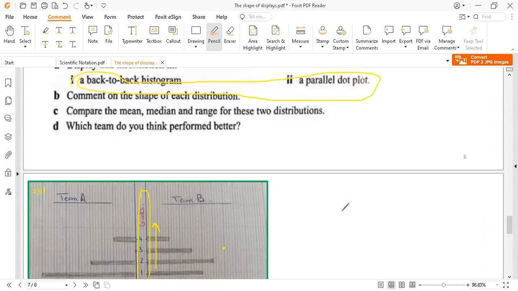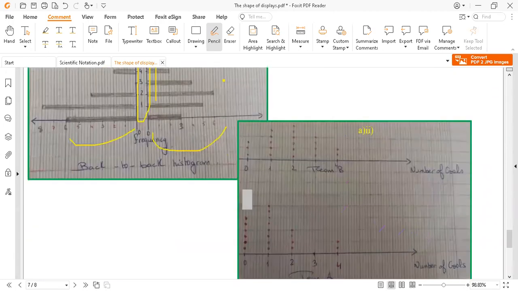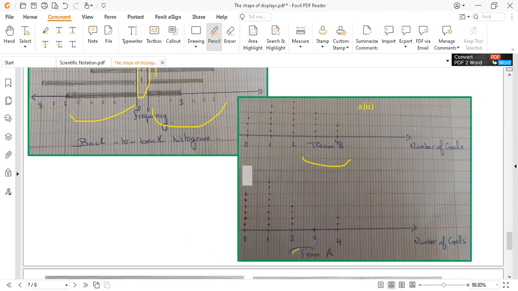For the parallel dot plot, we can draw two parallel lines, one for each team. On these lines we put the different scores or numbers of goals, and the number of dots for each score represents its frequency.